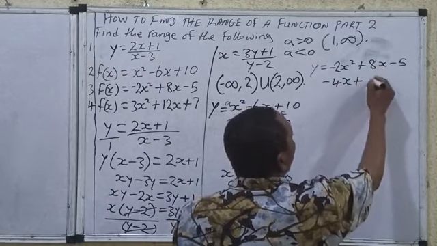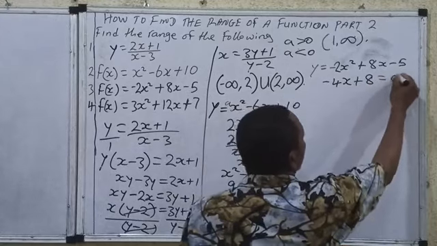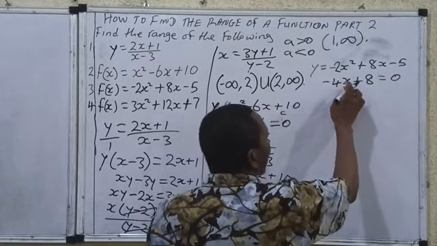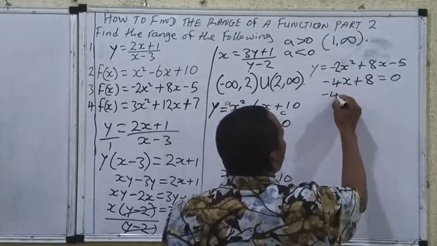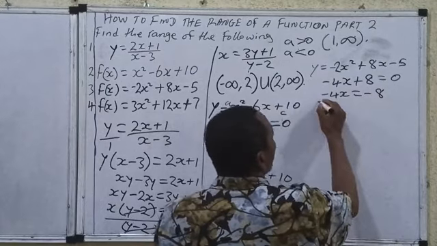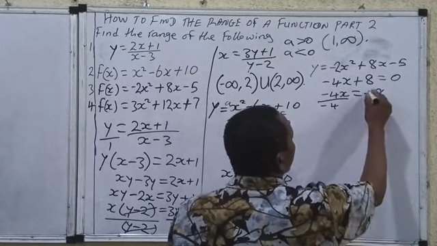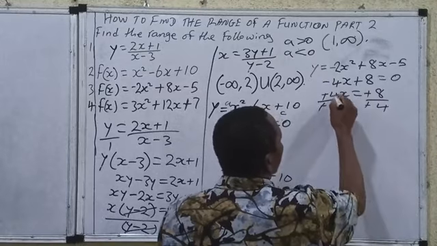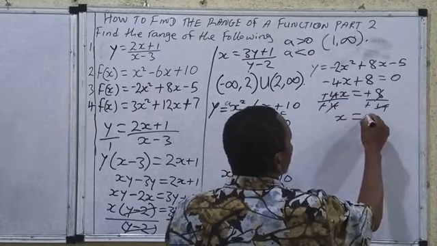And if you differentiate this, you have 8. So, equate it to 0 and solve for x. I take this across the equal to sign, I now have minus 4x is equal to minus 8. I'll divide both sides by minus 4. Minus will cancel out minus, 4 will cancel out 4. We'll now have x is equal to 2.